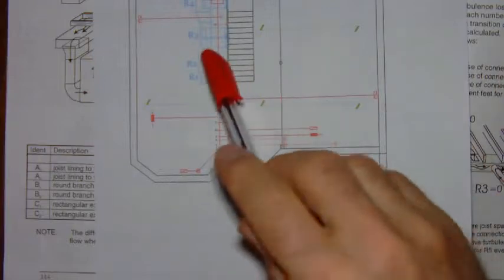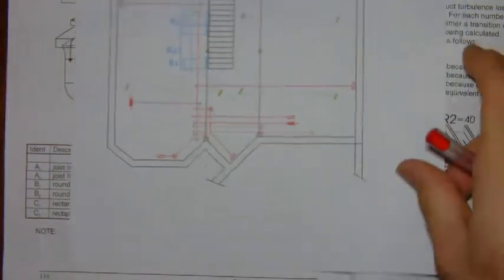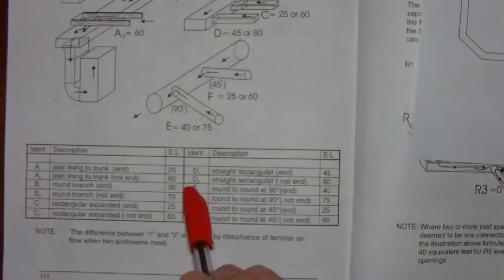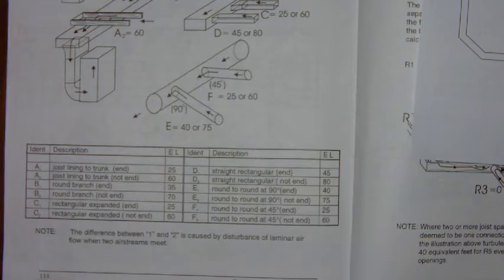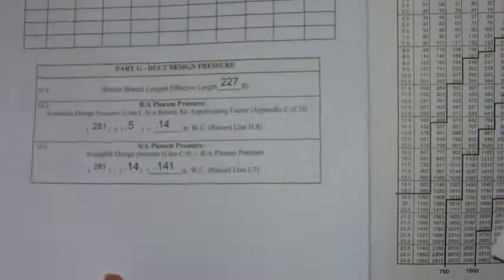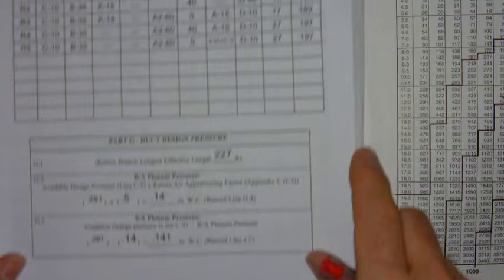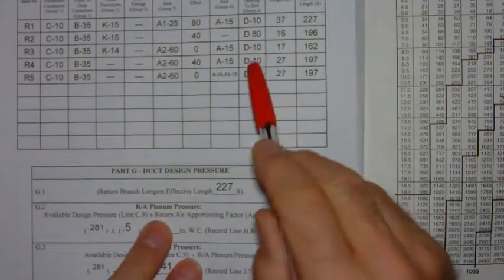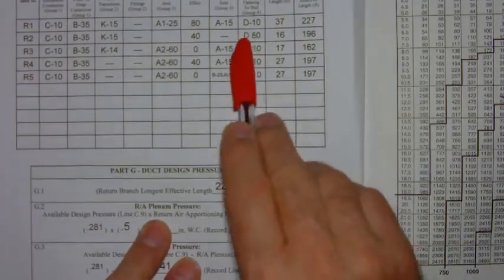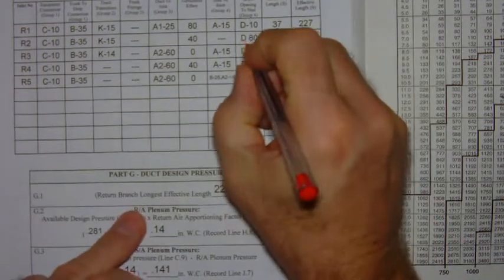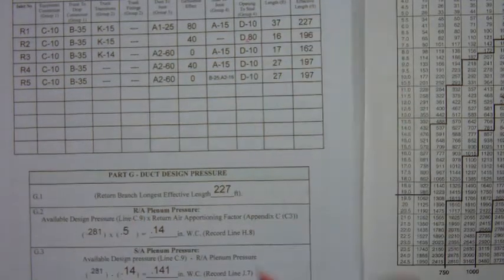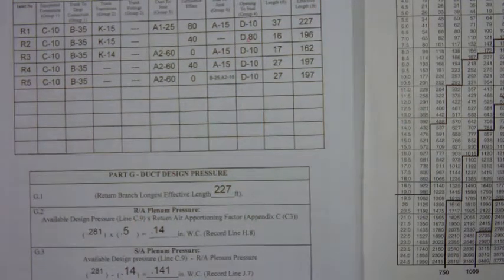Since we're planning to put the inlet on the side of the duct, we would have to choose then the D2 fitting, which has an equivalent length of 80 feet. So here is our D, and this would be a D2 at 80 feet.